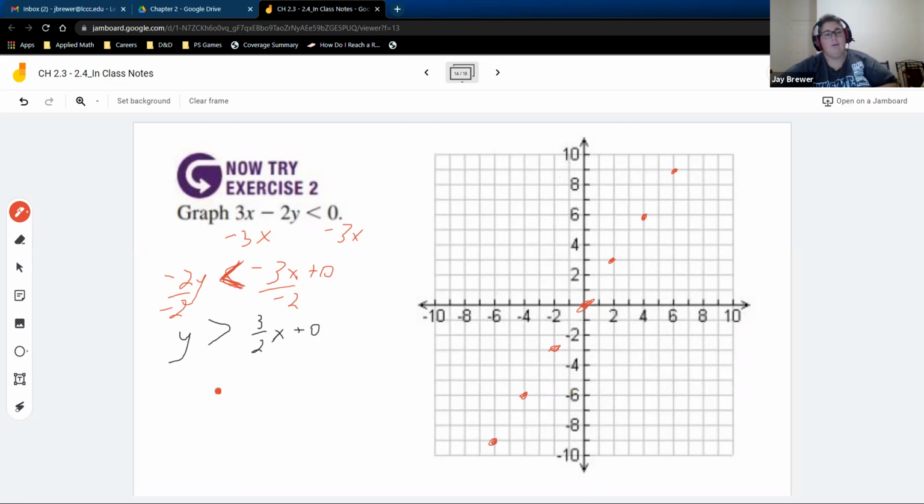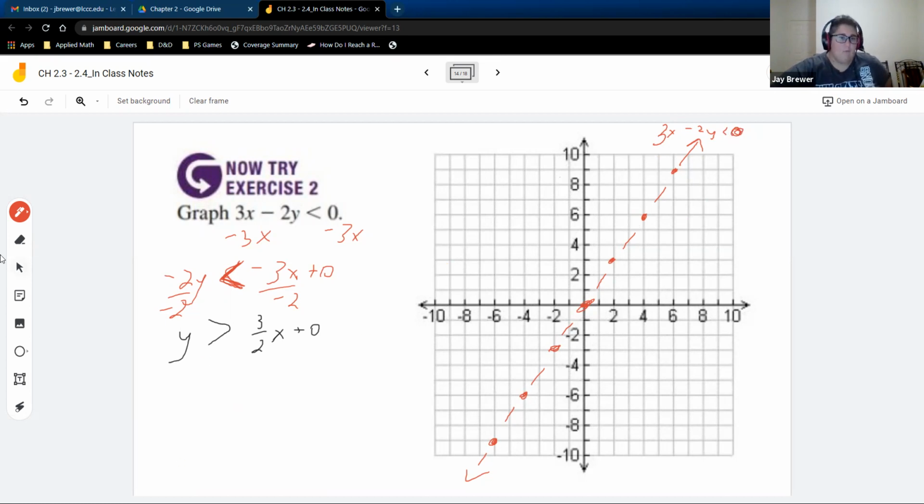Now what you should notice here is that we do not have an equal to part, so we are going to do a dashed line. Dashed lines I always liked more because I felt like my professor wouldn't be as strict on my artistic ability. And again, you can label this with the original, 3x minus 2y less than 0.